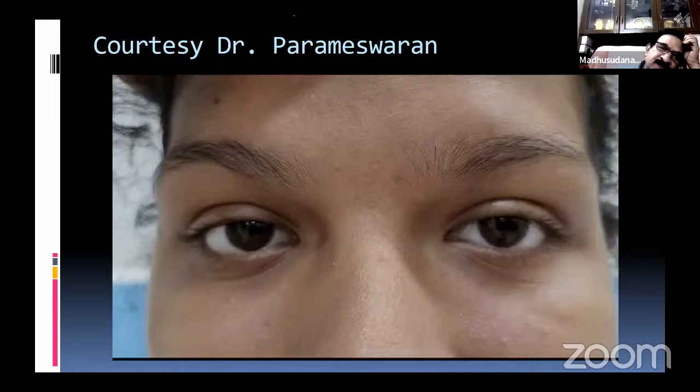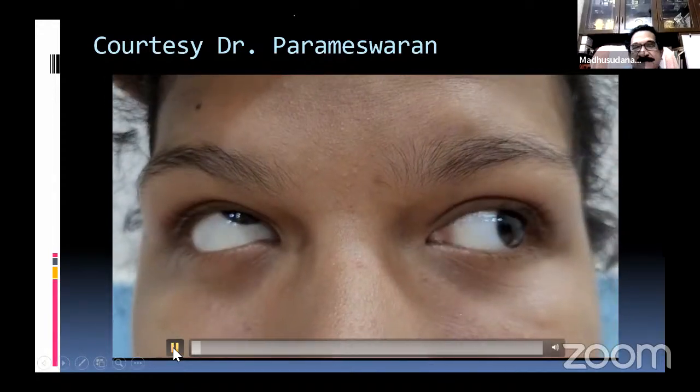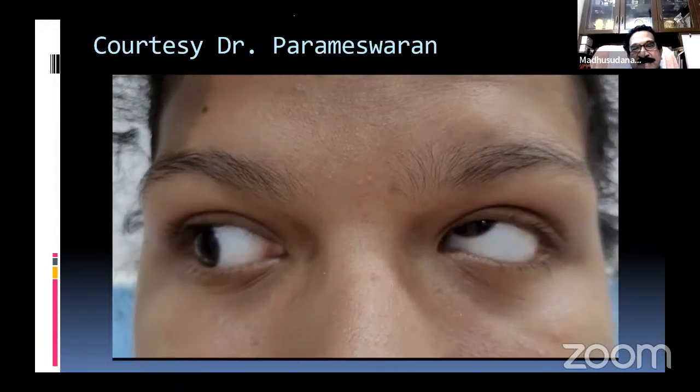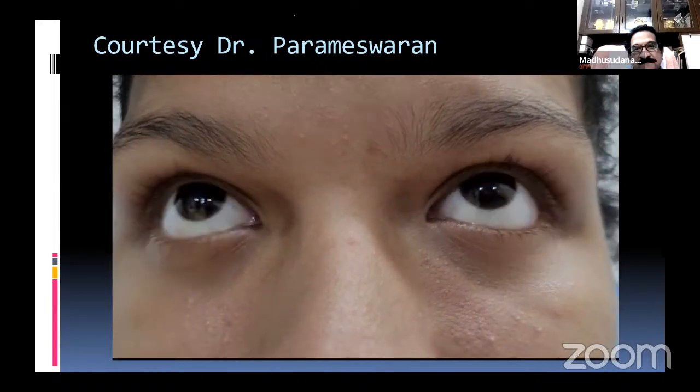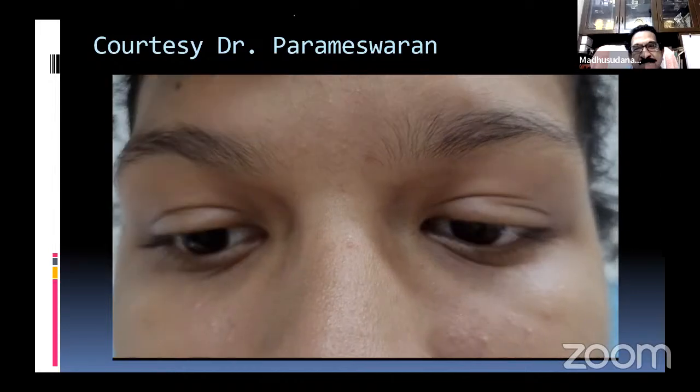Okay, this is a case for Dr. Parameswaran. Again, something similar. Look at it very carefully now. Look to the right, left side and right side. Up, down.